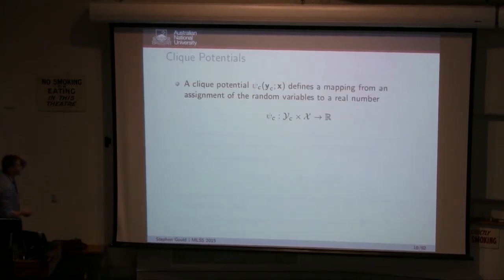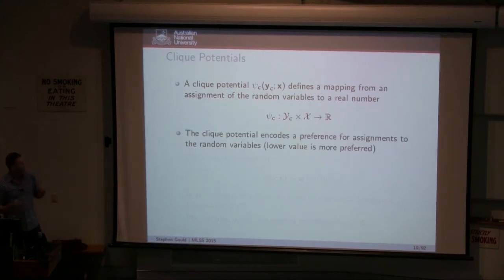Okay, so let's talk a little bit more about these clique potentials. I've said that there are these abstract clique potentials that map from a subset of the output space to these real numbers. And what they do is they encode a preference for assigning values to subsets of random variables, right?